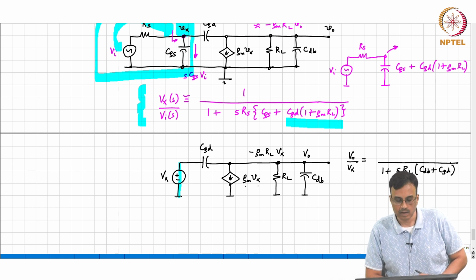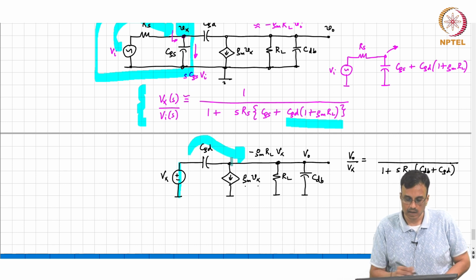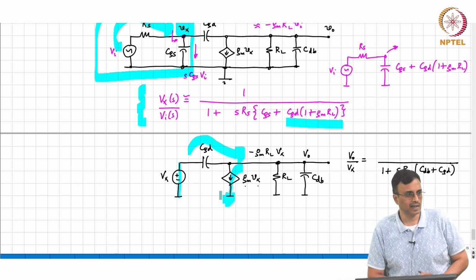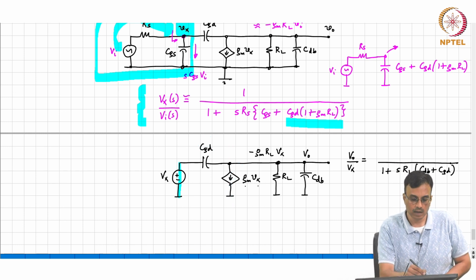Yes, why? From Vx to Vo there is a path through CGD, and from Vx to Vo there is another path through GM, right. So, basically you expect to see a numerator polynomial. So, what will this be? What will the DC gain be?